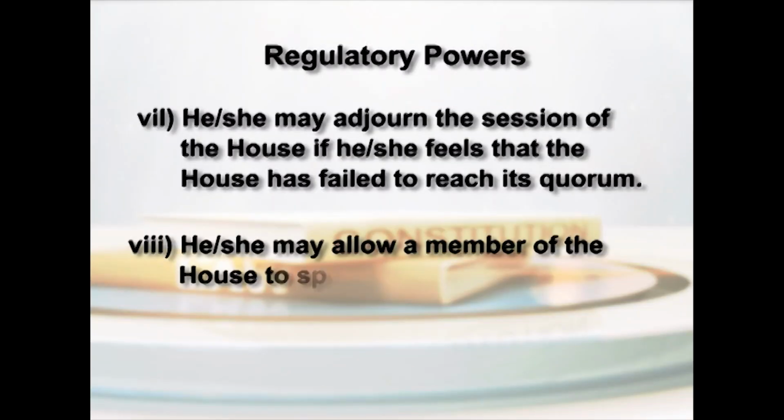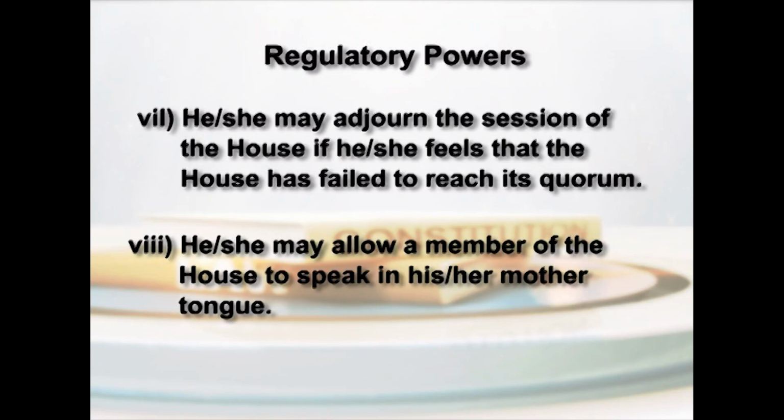Now, the business of the House is usually conducted either in English or in Hindi. But the Speaker may allow a member of the House to speak in his or her mother tongue or in any other Indian language and make necessary arrangements for authentic translation of the statements made by the member in both English and Hindi.